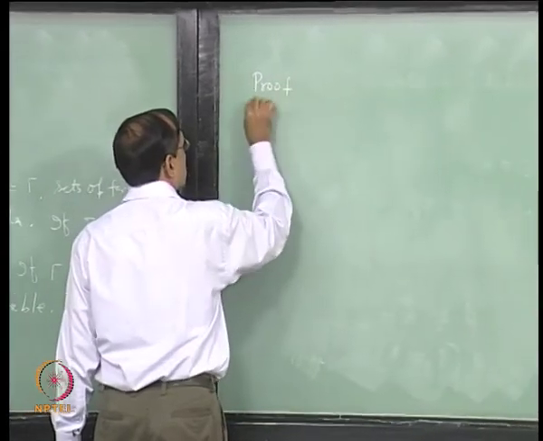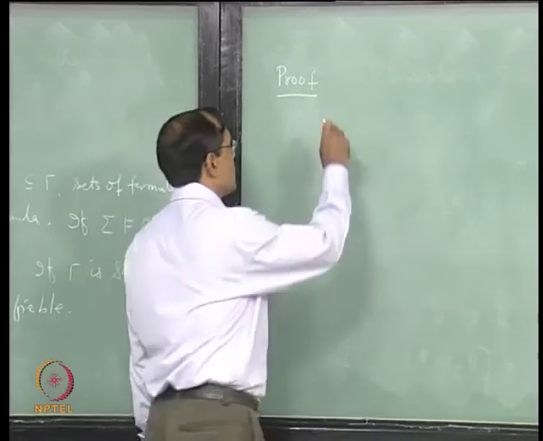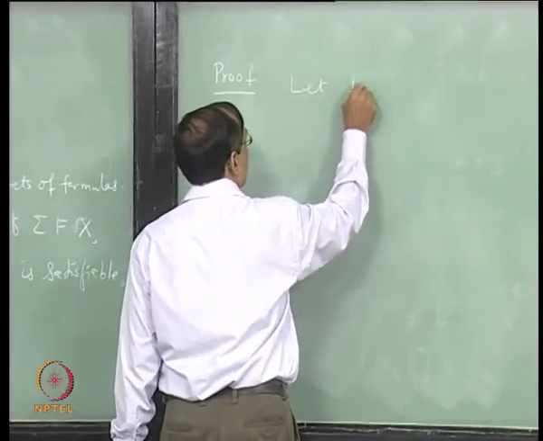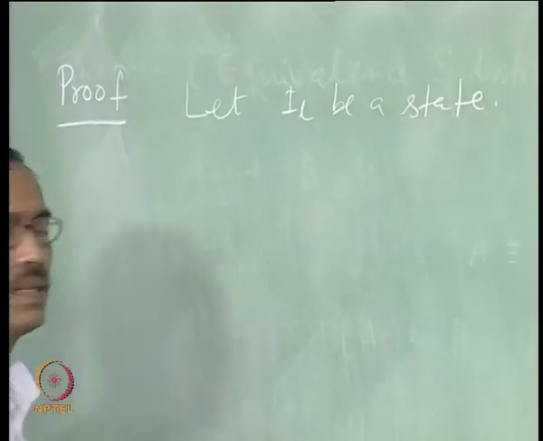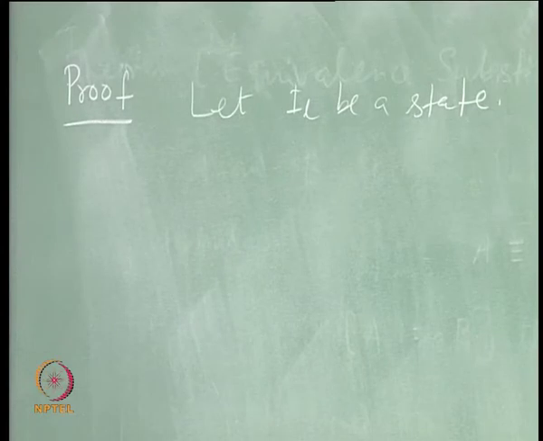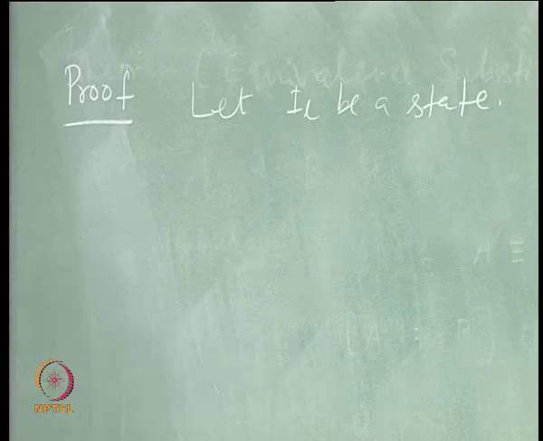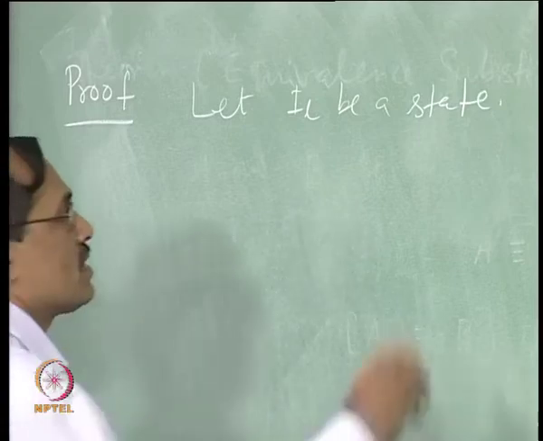Since gamma is satisfiable, it has a state model. So, you have to start with a state. So, let IL be a state. When we say IL is a state, we are not writing all the details. We should have written first I equal to D, phi is an interpretation, then let L be a valuation under this interpretation, so that IL becomes a state. So, all these things are assumed here. Fine.